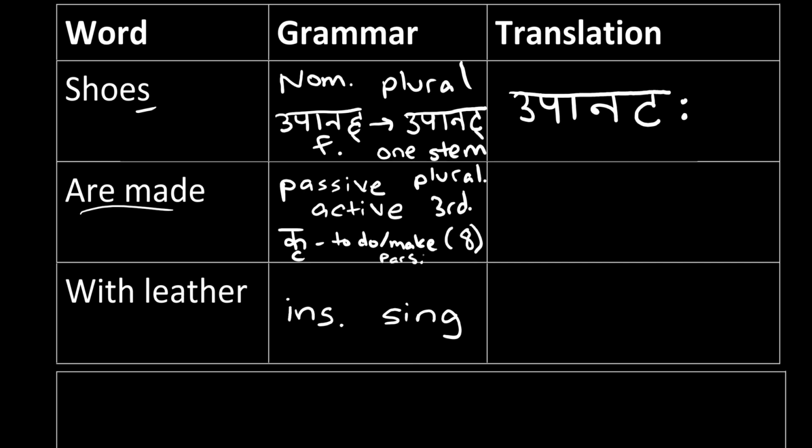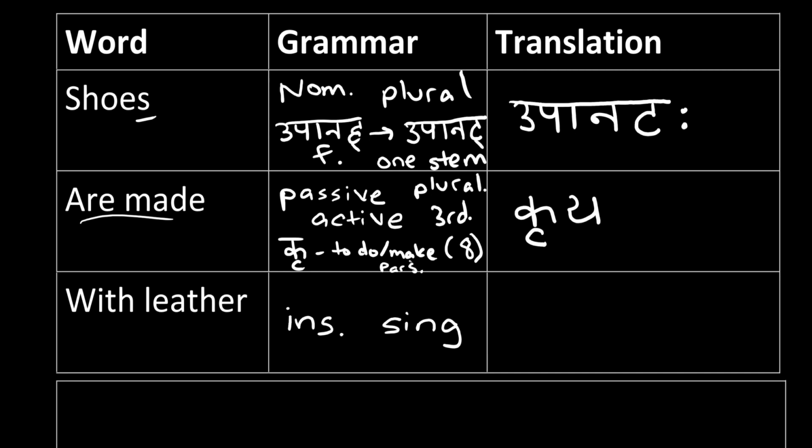Since this needs to be passive, plural, and third person, we're going to have kri. We're going to add the ya to make sure that it is passive, and then your case ending. Remember, it's "are made" since we have to make this plural. For passive, you have to decline it as if it's in atmanepadi, even though it's originally in parasmaipadi.